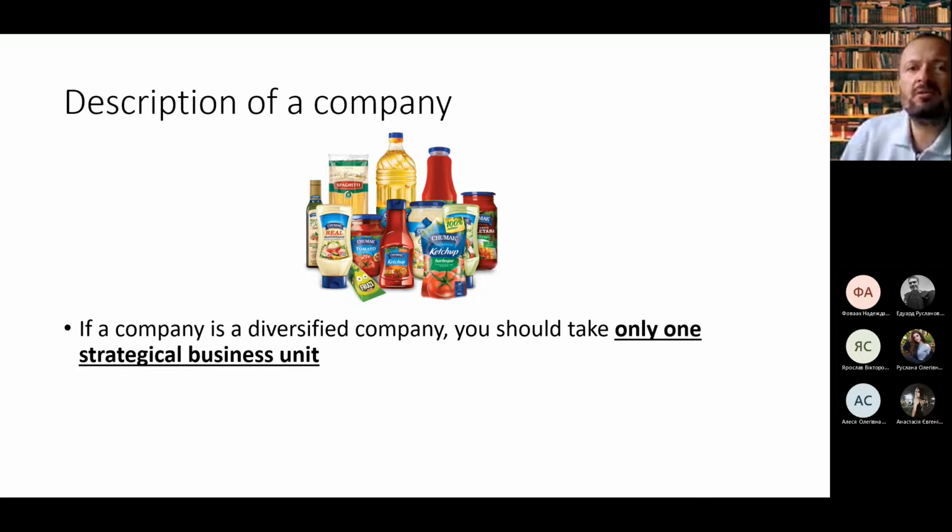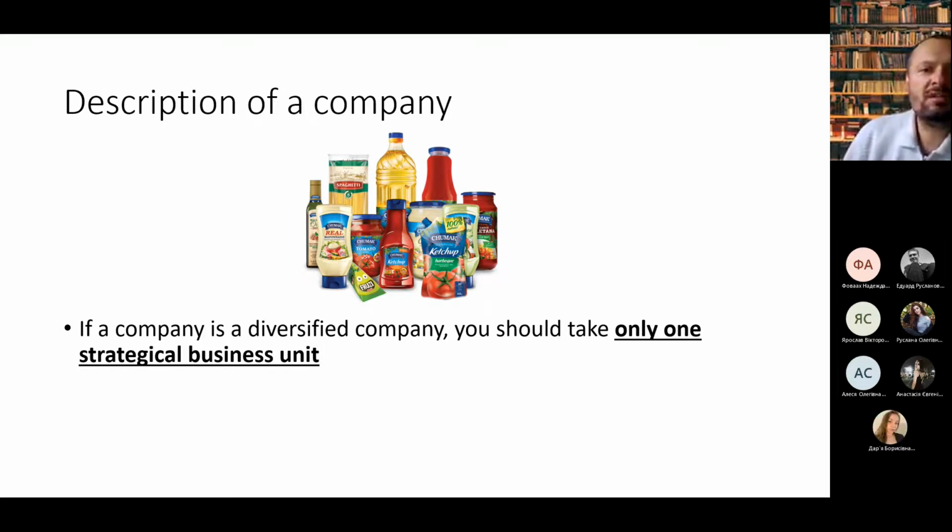Because if you take the whole diversified company, you will have to analyze as many industries and markets as the company has strategic business units. And it's too difficult, so you are selecting only one strategic business unit. And if your company is a single business company, in this case, you are analyzing the whole business, and that's all.